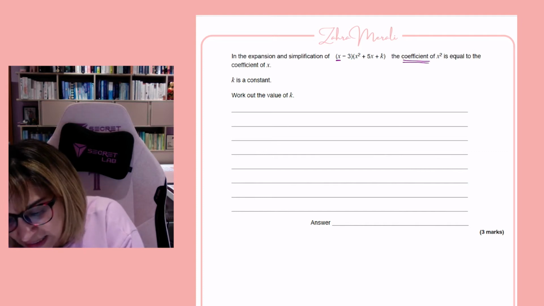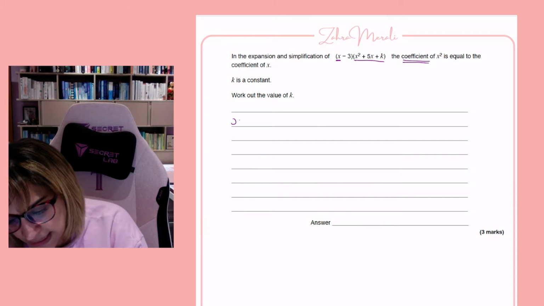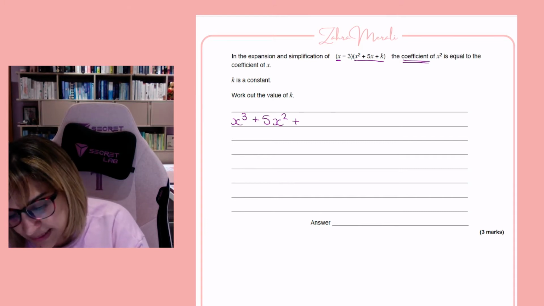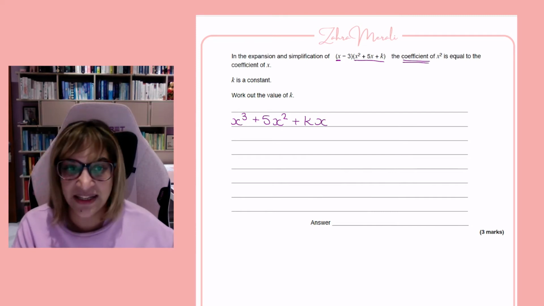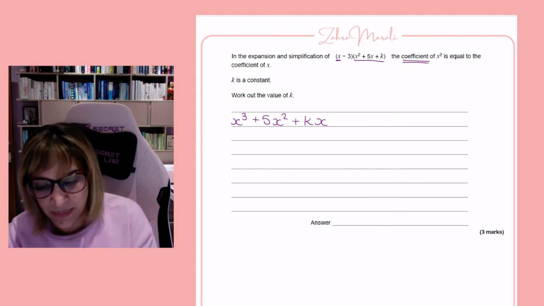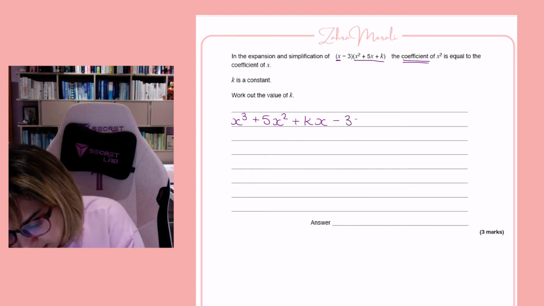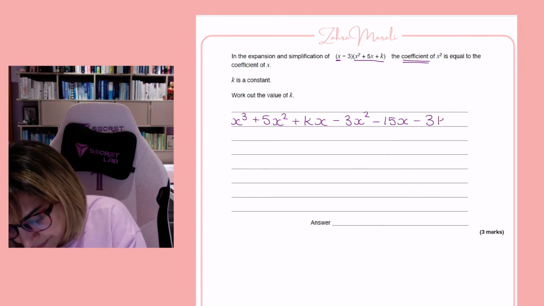We're taking the whole of this bracket and multiplying it by x. So we get x cubed plus 5x squared plus kx. We're now going to take the whole of the bracket again, and this time multiply it by minus 3. Minus 3x squared minus 15x minus 3k.